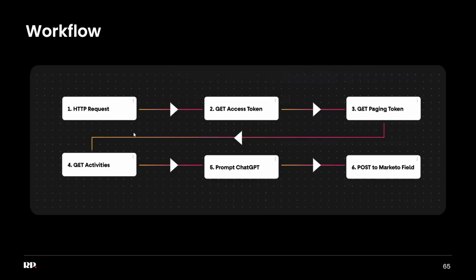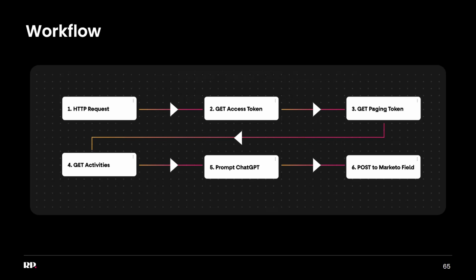So the first thing that you have to do is create this workflow here, and the first step has to be a workflow that is triggered by an HTTP request that will be connected with Marketo via webhook. Then you get the access token and the paging token. The access token is the token that you need in order to communicate with the API, and the paging token is important for the activities endpoint, because it tells the API when you want to start querying activities from.